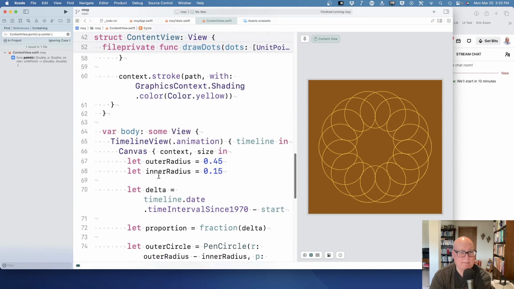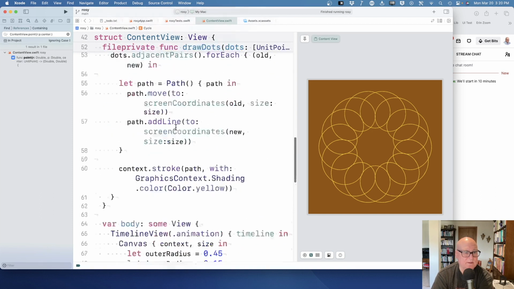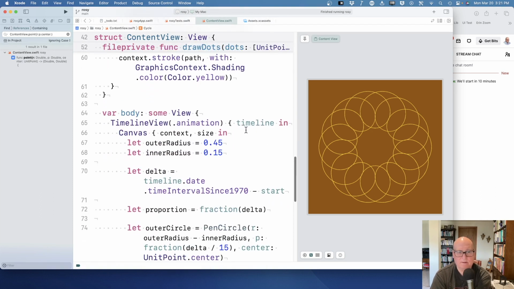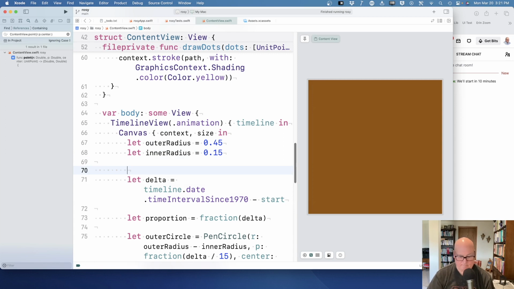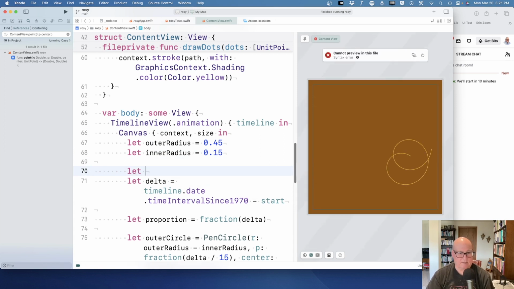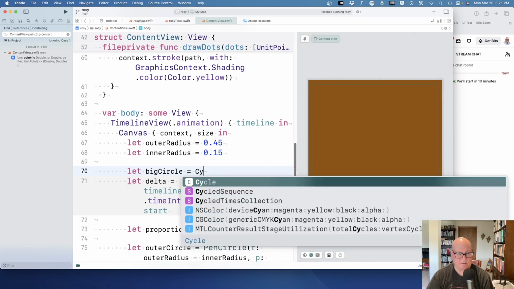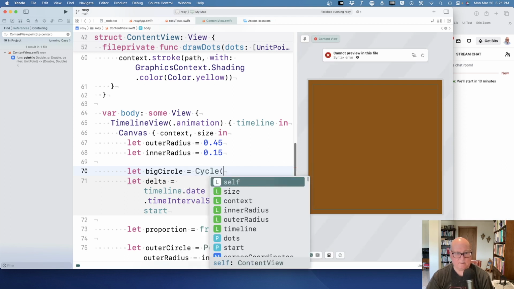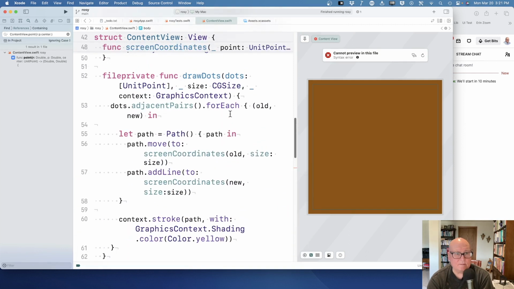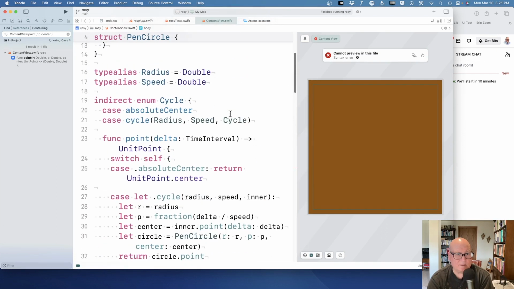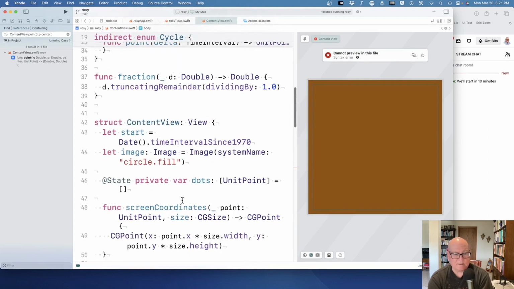Timeline view can, let's make one. Well, we can make it here. Let big circle equal cycle dot, let's say dot cycle.